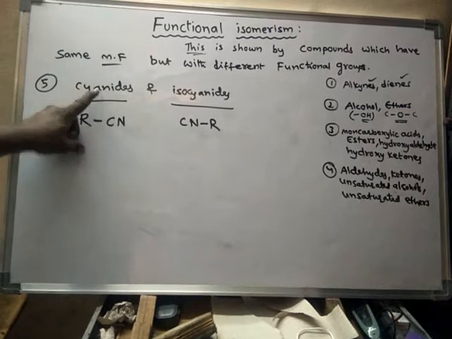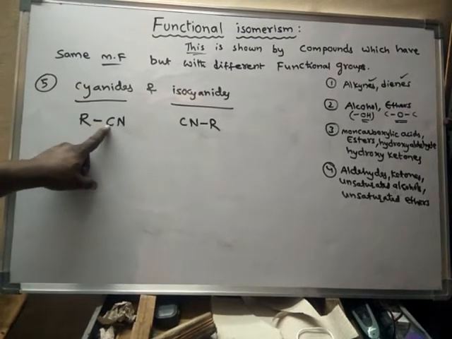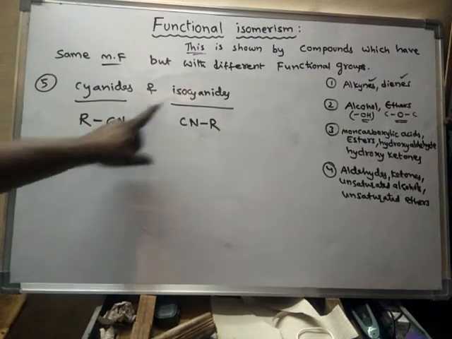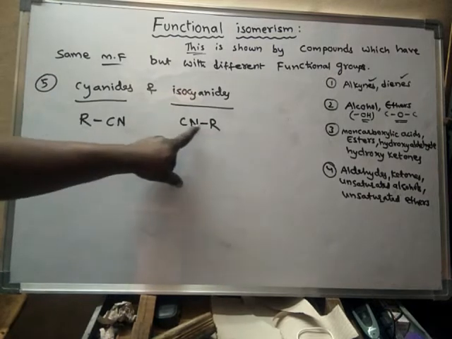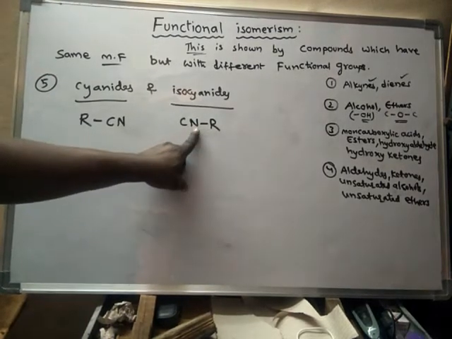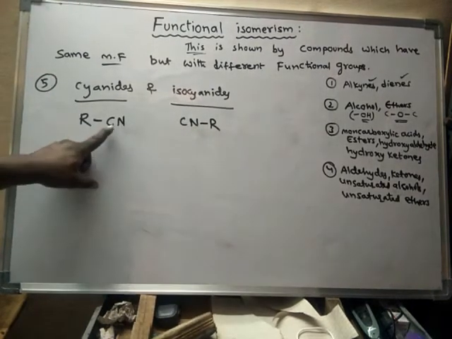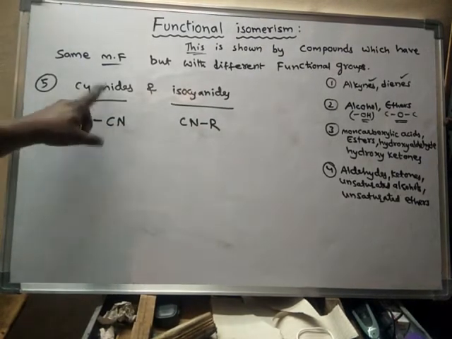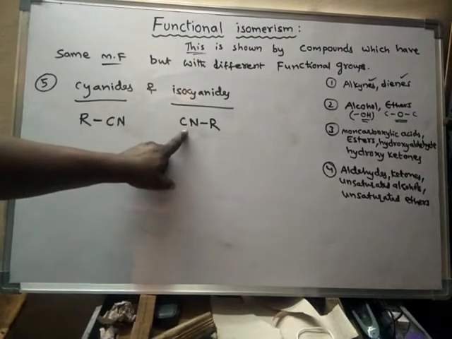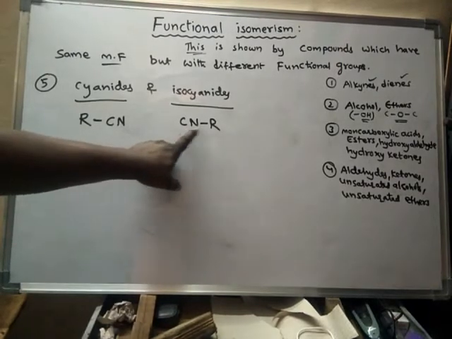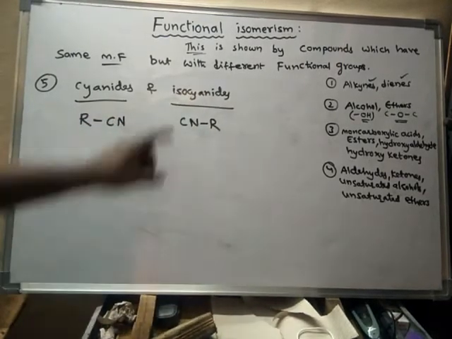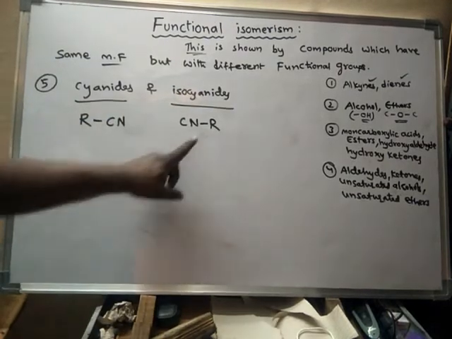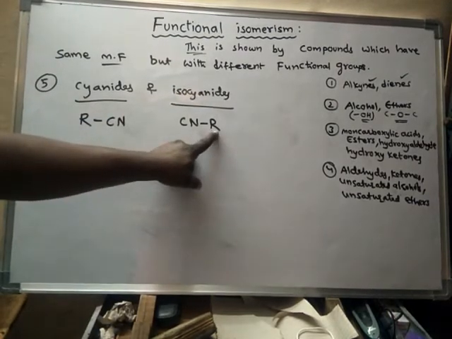In cyanides the alkyl group is attached to the carbon, whereas in isocyanides the alkyl group is attached to nitrogen. This carbon becomes part of the chain in cyanides, but does not become part of the chain in isocyanides.